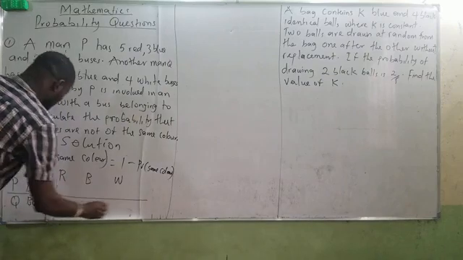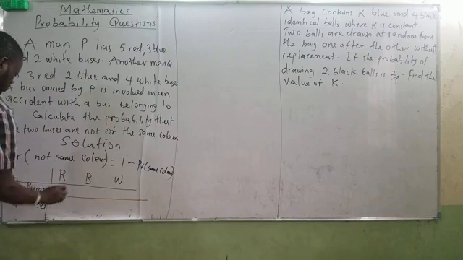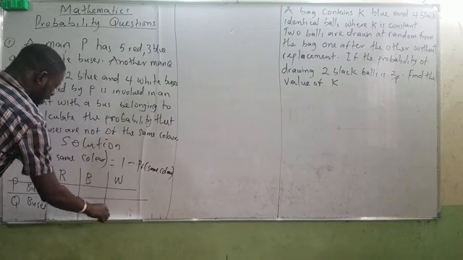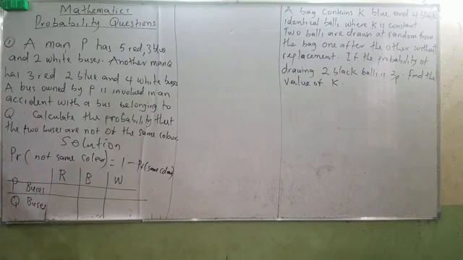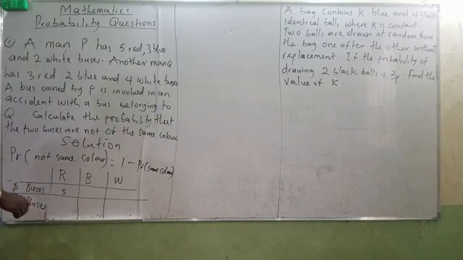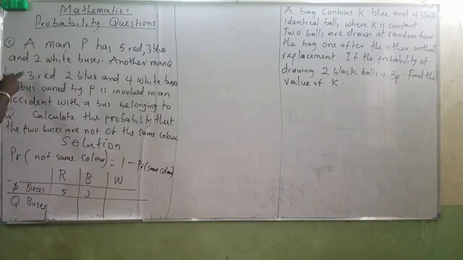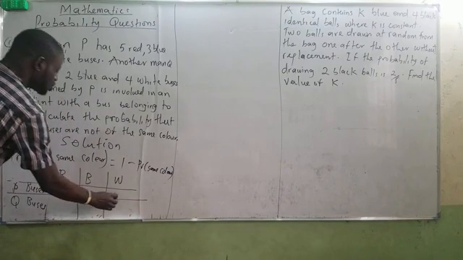I'm just taking my time to make a table so that I'll be able to see what I'm doing very well. Now, these are the buses. Red of P is 5. Blue of P is 3. And white of P is 2.